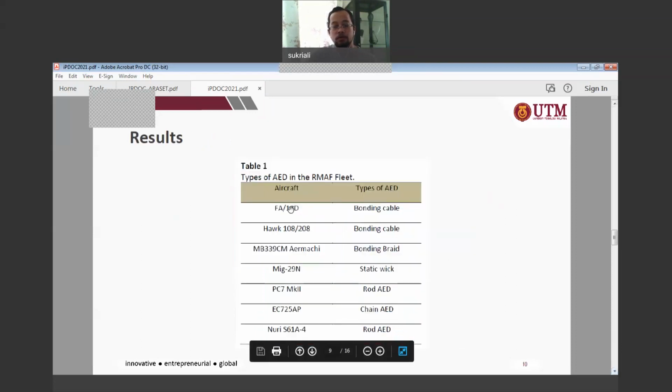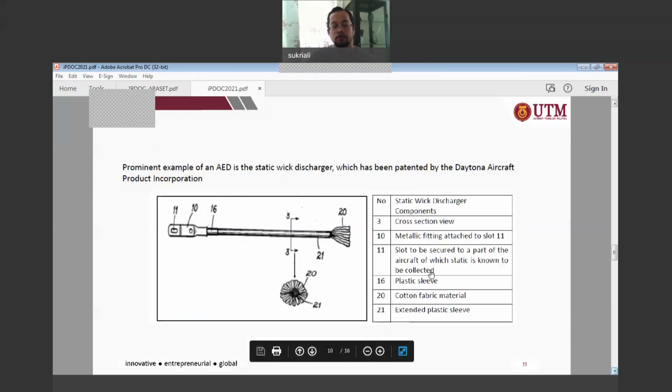When we conducted the review of the AADs used by the RMAF fleet, we found that most of the fighter aircraft, Hornet, Hawk, and Armory, use bonding cable, and only the MiG uses a static wick. For helicopters, they use chain AAD for the EC725 and rod AAD for the Nuri.